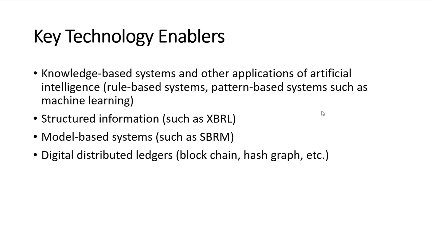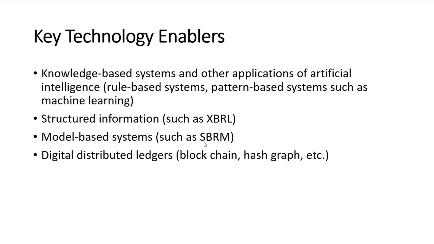So the key technology enablers that are at play are basically knowledge-based systems or other applications of artificial intelligence. And I'm focused on rule-based systems, not machine learning. Structured information such as XBRL or RDF or OWL or JSON.